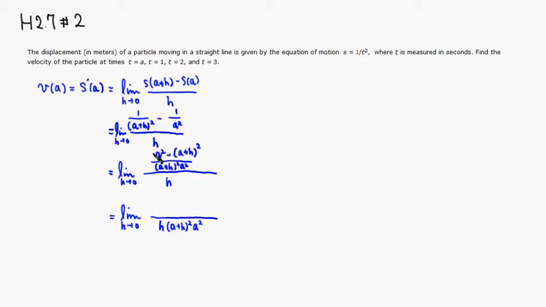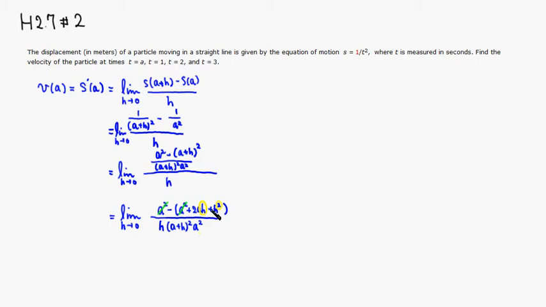On top we just have to multiply out, so we have a squared minus (a plus h) squared, which would be a squared plus 2ah plus h squared. So we can cancel the a squared there and there. Then we also have a common factor h on top, so there's an h here, and I'll circle this so that I know there's another extra h there.